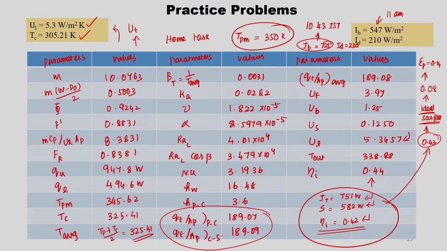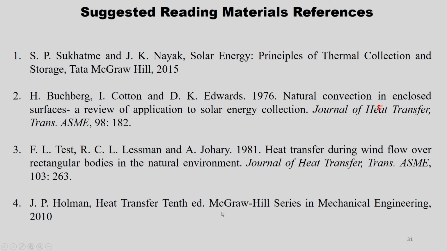That analysis you can make, and change the fluid inlet temperature, and check whether the efficiency is increasing or decreasing. And as I said earlier, instead of instantaneous efficiency, you can also calculate in terms of daily or hourly efficiency, because radiation is slow phase. So, that is all, and here are the references.